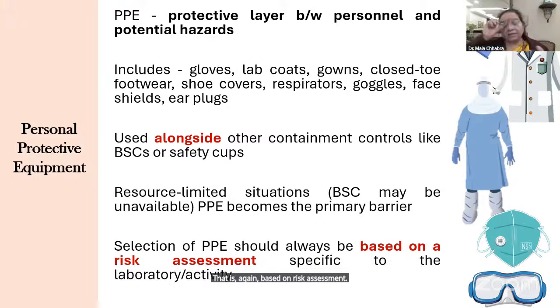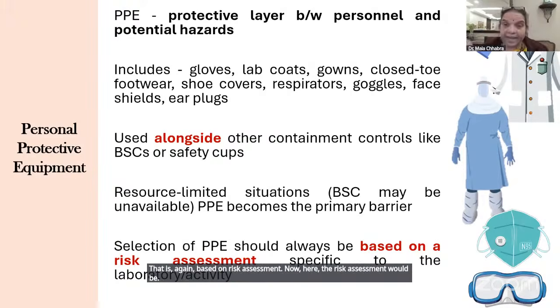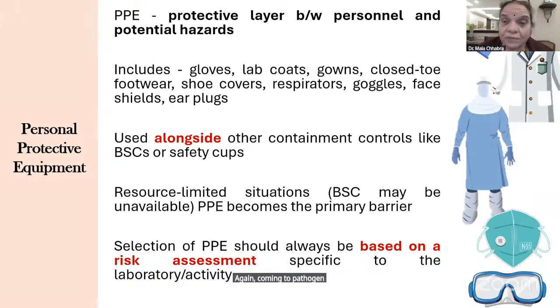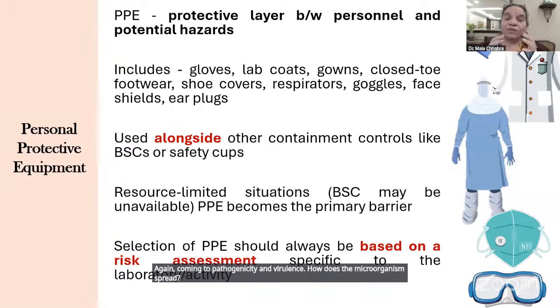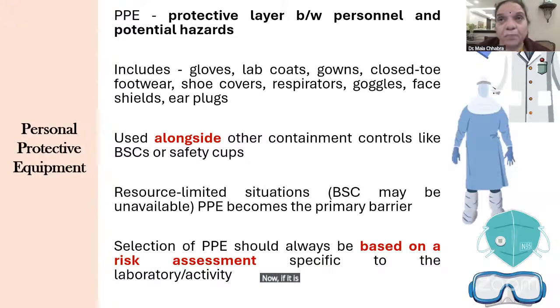Now, here the risk assessment would be again coming to pathogenicity and virulence. How does the microorganism spread? Now, if it is a respiratory spread, then you should use masks. Your mask should be highly specialized. So you have to use an N95 mask, or you can use a triple layer mask depending upon the pathogenicity and virulence of the organism.